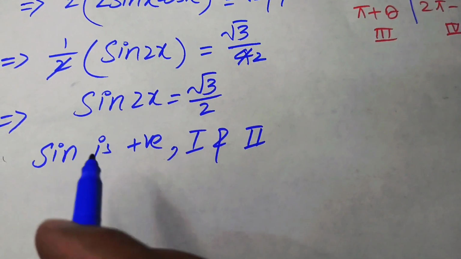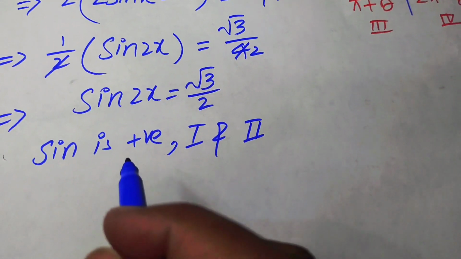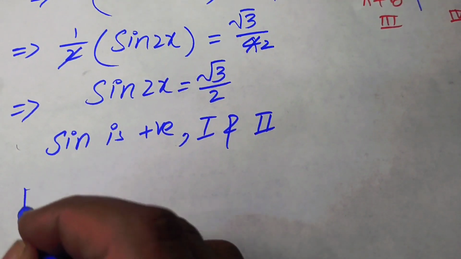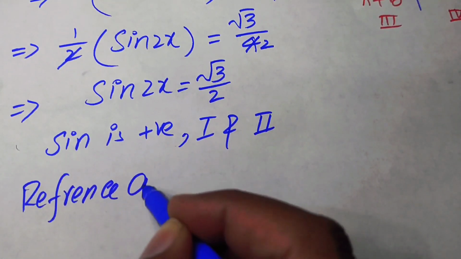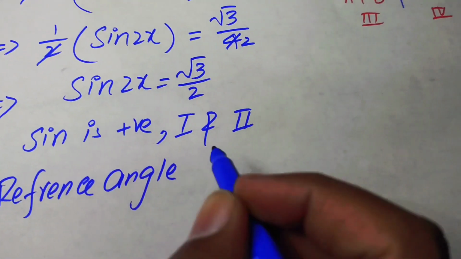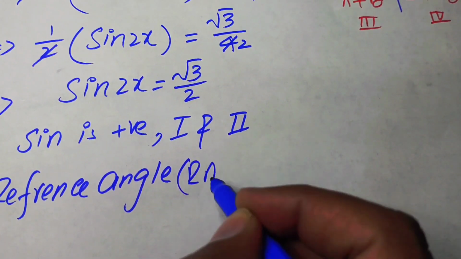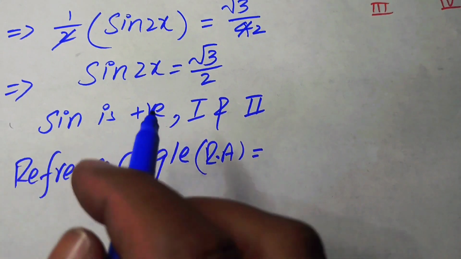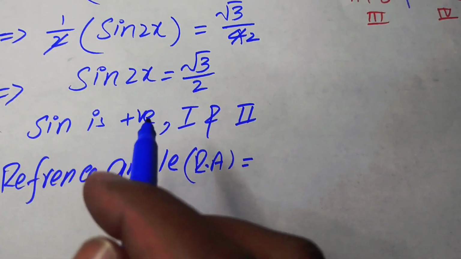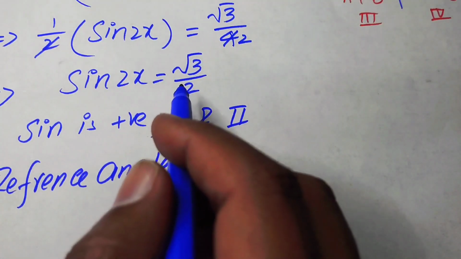Okay, before proceeding, we first find the reference angle, and we know that the reference angle is the angle with respect to the first quadrant, or we can say that the reference angle is the positive angle, because all the angles in the first quadrant are positive angles. So we choose the positive angle.